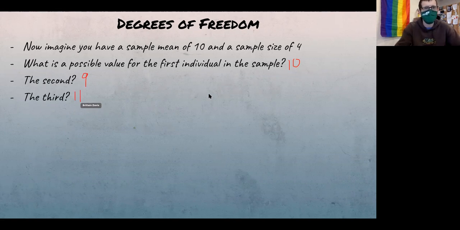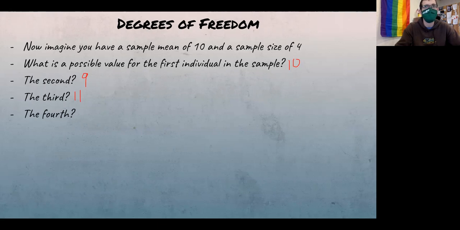So at this point, we now get to our fourth individual. What does his or her value have to be? I already told you what the sample mean is. And we randomly picked, it has to be 10.